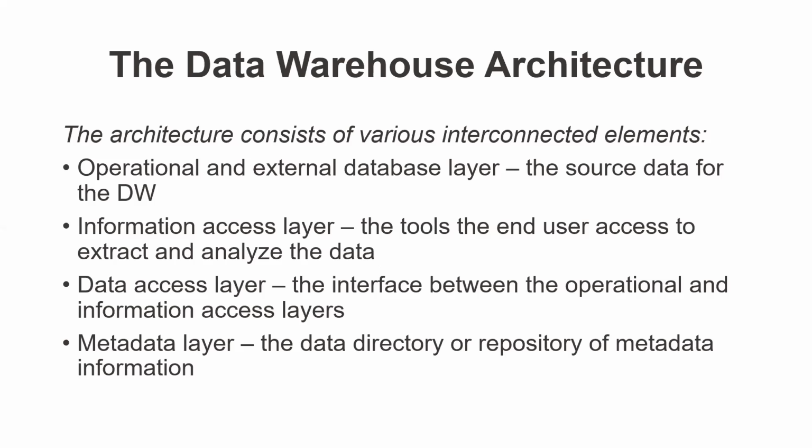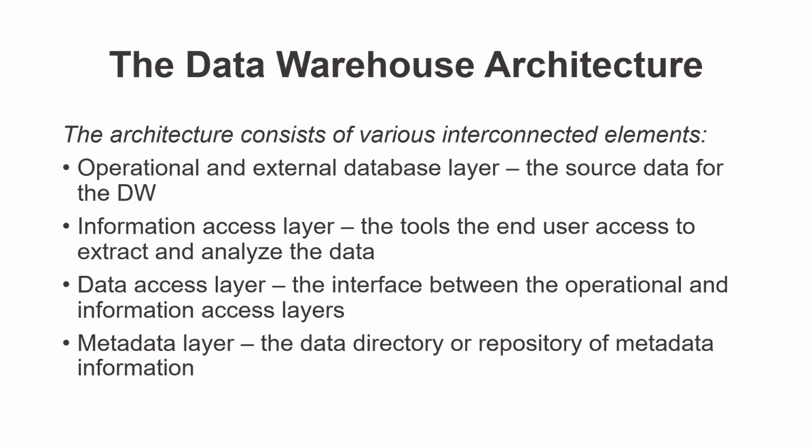The second one is the information access layer. It is the tools the end user uses to access, extract and analyze the data. So it converts data into useful information. In this, we can ensure that it has good information for analyzing.